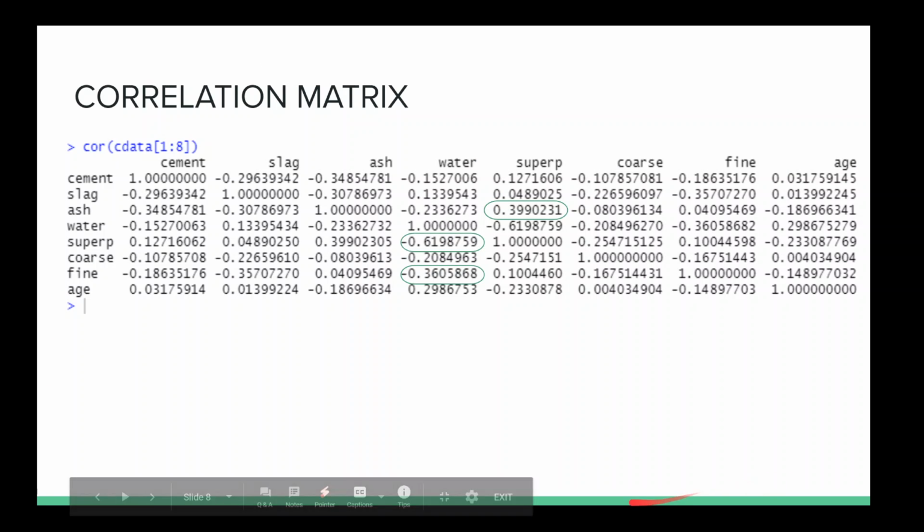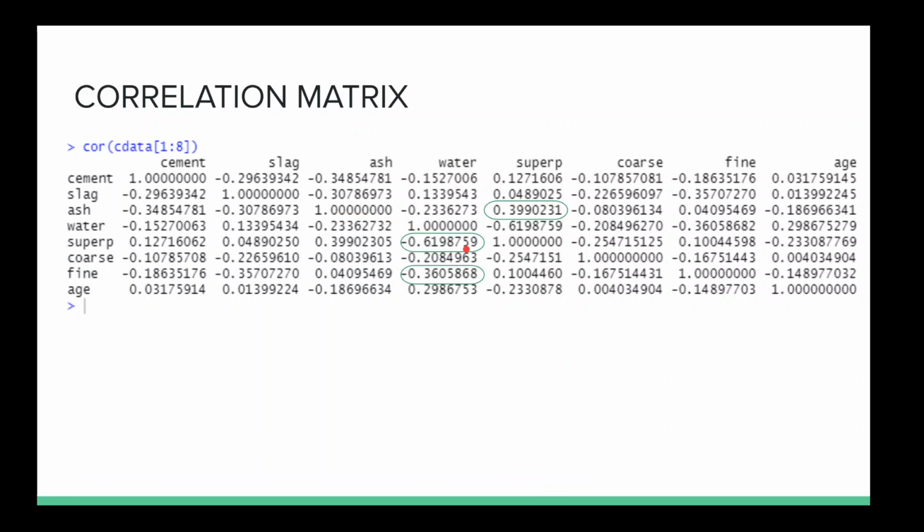So this matrix is an easy way to identify collinearity between the 8 different variables by looking at their respective R values. Looking at this matrix, it is easy to identify that water and superplasticizer have the largest amount of collinearity between them.